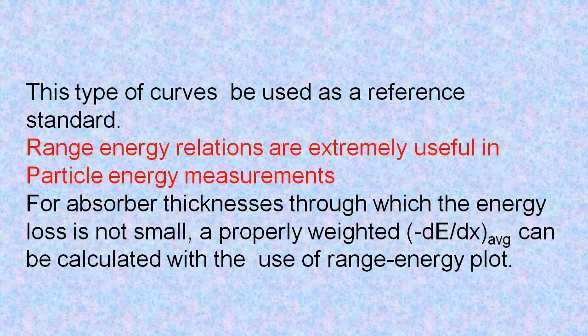For an absorber thickness through which the energy loss is not small, a properly weighted minus dE by dx average can be calculated with the use of the range energy plot. And this is one of the reasons that you are using this. You can find minus dE by dx average.